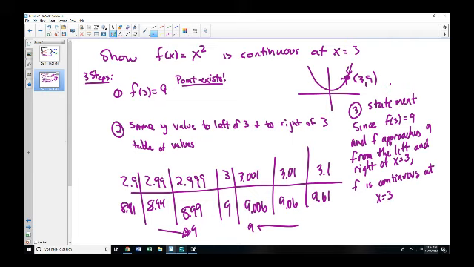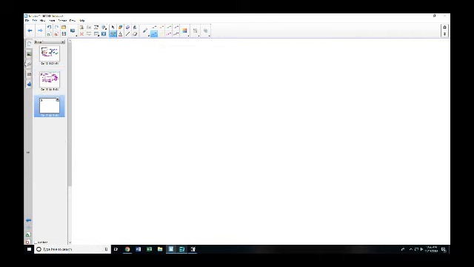Okay. Do you want me to show you some functions that are not continuous, just to give you an idea of what we're looking at? You might have more complicated functions than that. It's just the same process. Okay, let's look at this function.